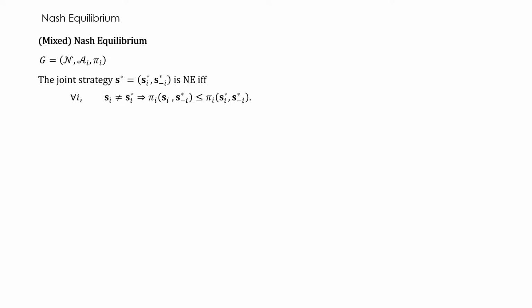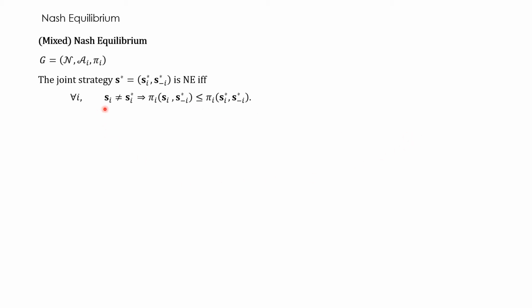So we can now formally define a mixed strategy Nash equilibrium. S* is a mixed Nash equilibrium if for each agent i, the payoff at S_i* is the highest over all other mixed strategies.